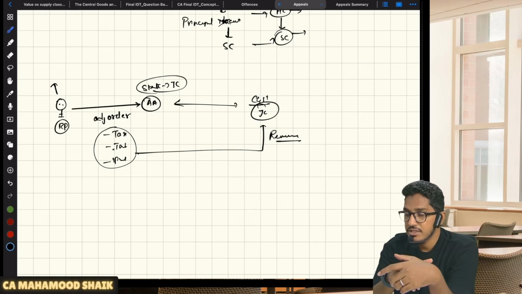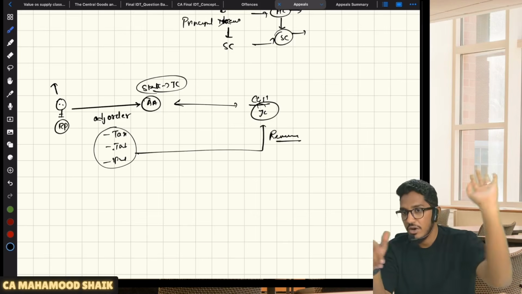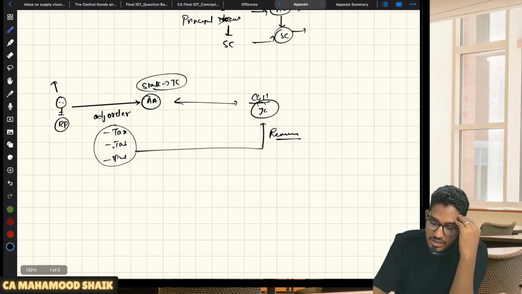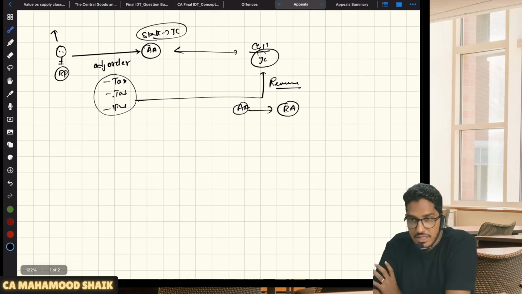What do you mean by annulling? They can altogether cancel that order, keep that order aside. So the adjudicating authority's order is taken up by the revisional authority, and finally they will issue the revisional order.